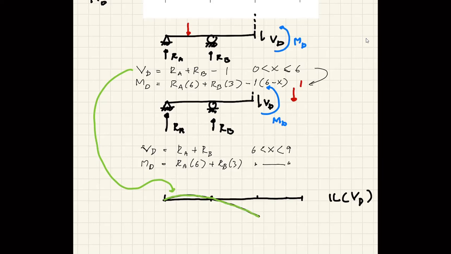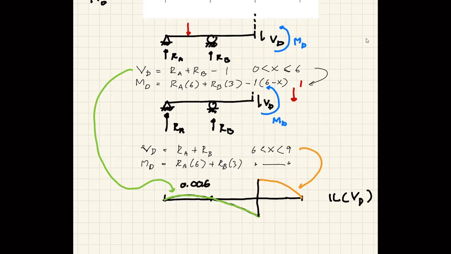Okay, and then the next one is this one. Okay, and right here you just need the line to connect them. The value jumps.